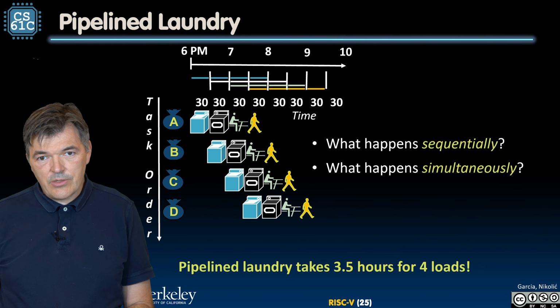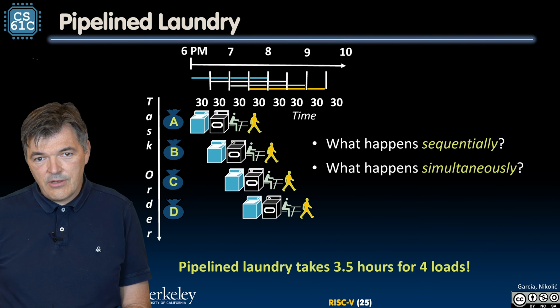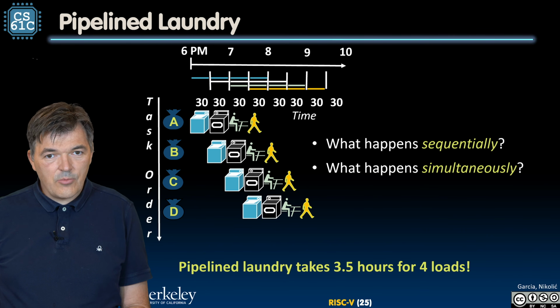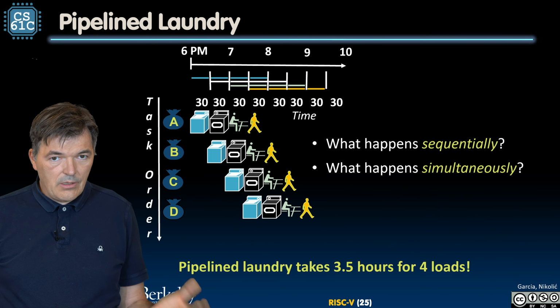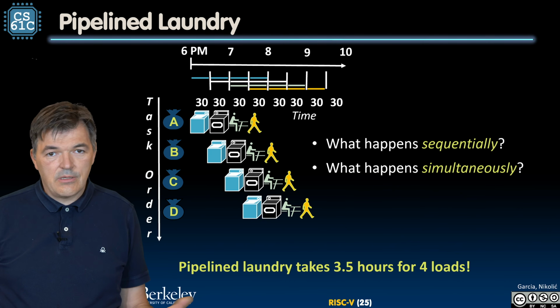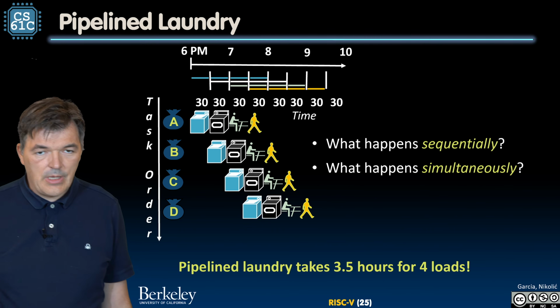Then everybody would be running 4 tasks in 4 phases concurrently, and finally in the final 3 cycles we would drain the pipeline, and all 1,000 loads would be processed in roughly 500 hours.